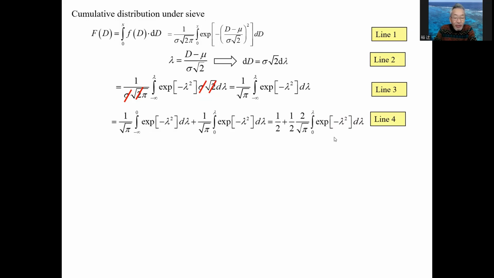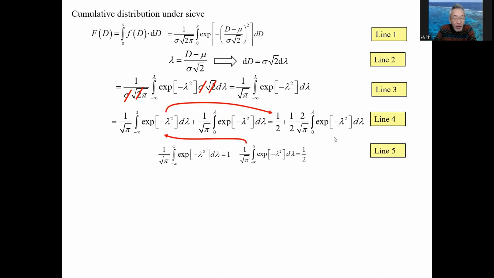Divide the integration range into two parts. That is, the part from lambda equals minus infinity to lambda equals 0, and the part from lambda equals 0 to a certain positive value of lambda. The first term of the expression on the fourth line takes a value of 1/2.